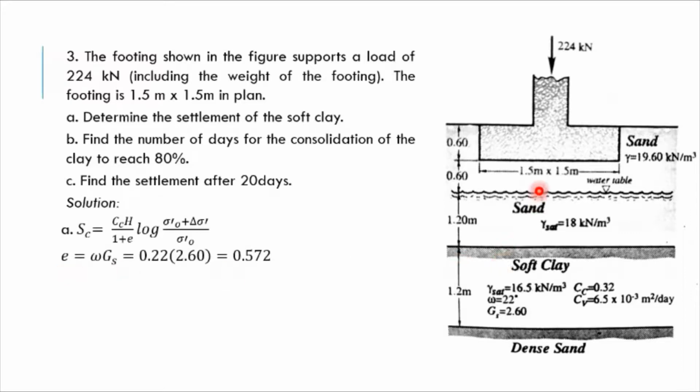Because it's saturated and under the water table, S is equal to 1. So e is equal to the moisture content multiplied by the specific gravity. It will be equal to 0.22 multiplied by 2.60, which is 0.572.